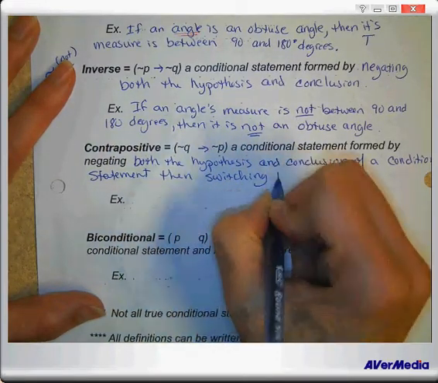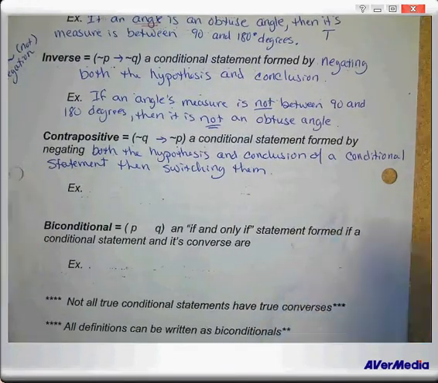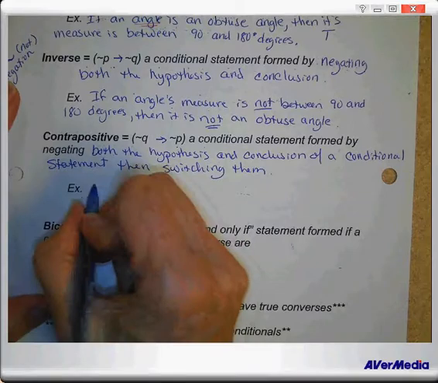So basically, you negate and flip-flop. So the contrapositive is a conditional statement formed by negating both the hypothesis and conclusion of a conditional statement, then switching them. So a good way of thinking of it is do the inverse and then switch the inverse around. So it'd be the following.